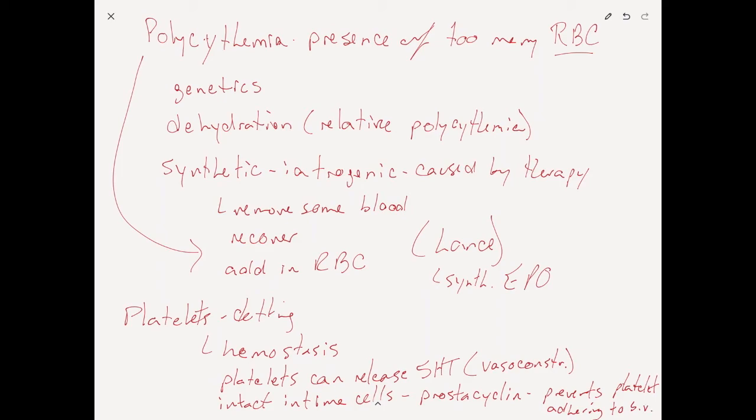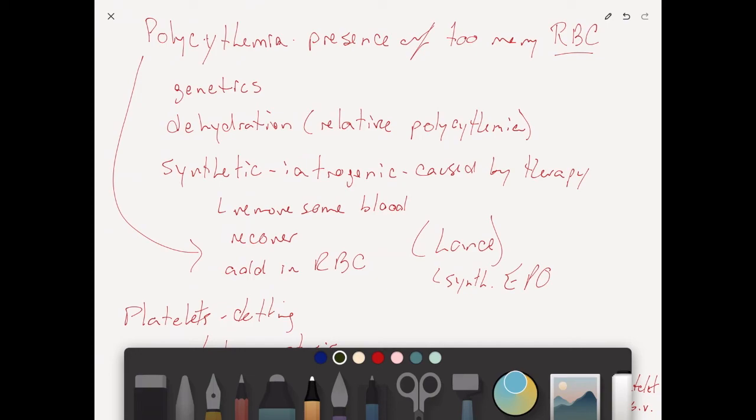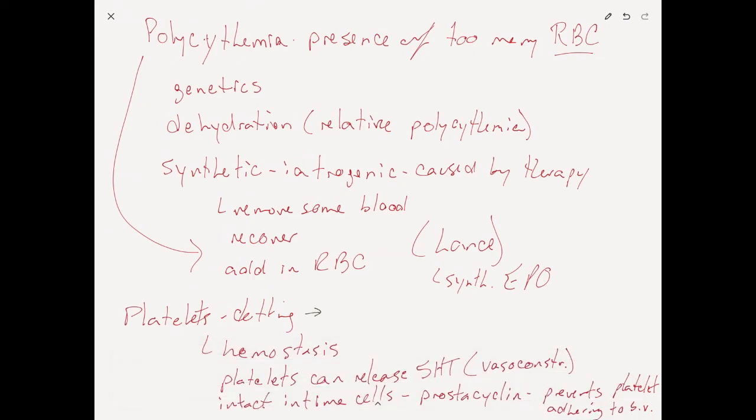So it prevents those platelets from adhering to blood vessels. Another thing platelets do, we'll change color just so it doesn't get too confusing here. Platelets also reduce inflammation, and this can also help with hemostasis.